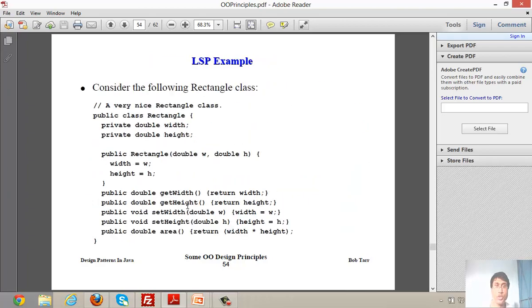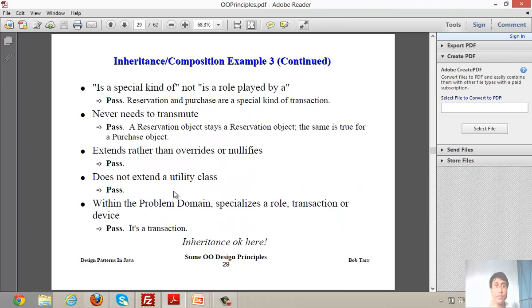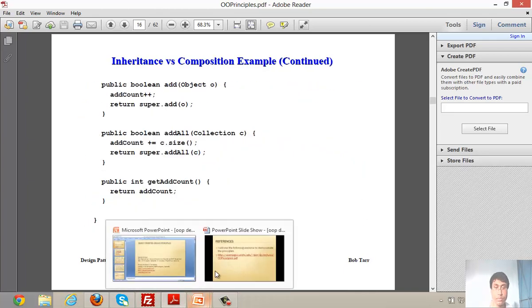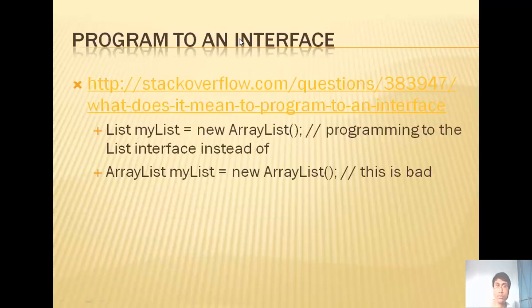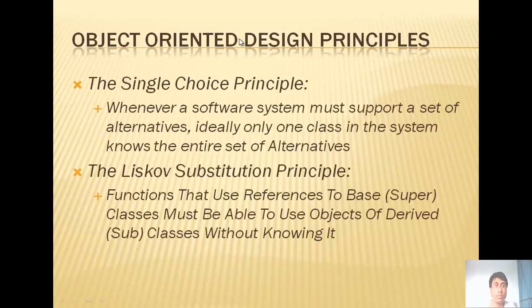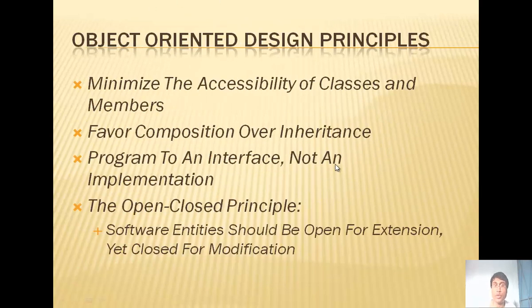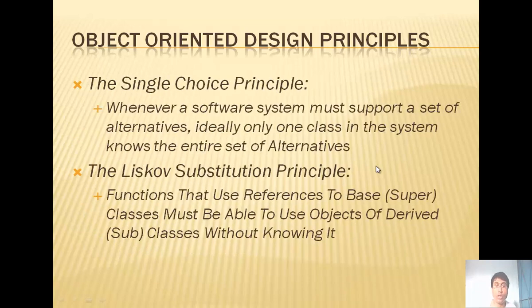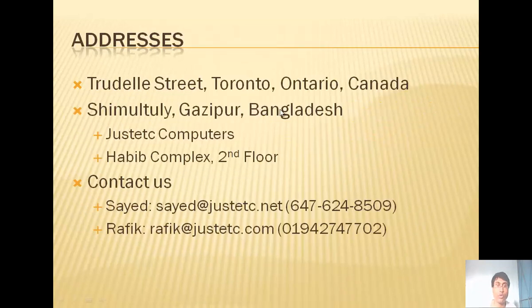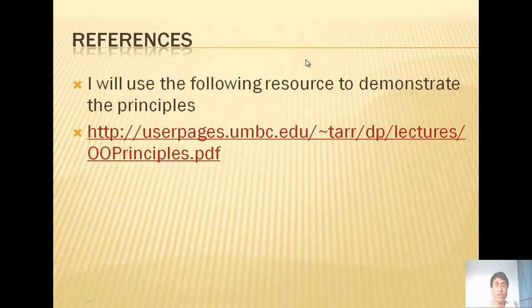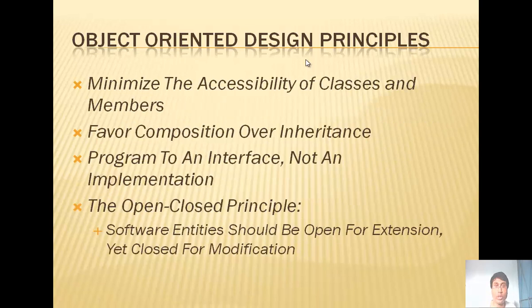So these are the principles that you have to maintain. Minimize the accessibility, composition over inheritance, program to an interface, not an implementation, the open-closed principle. If we conform to these principles, the design will be a good and robust one.